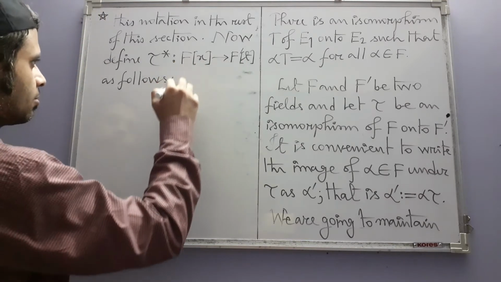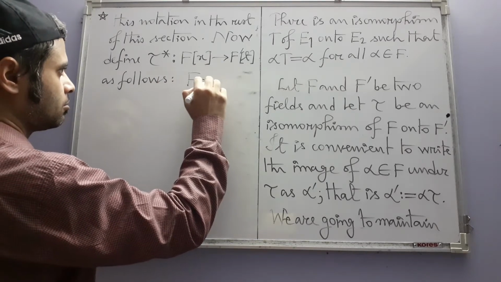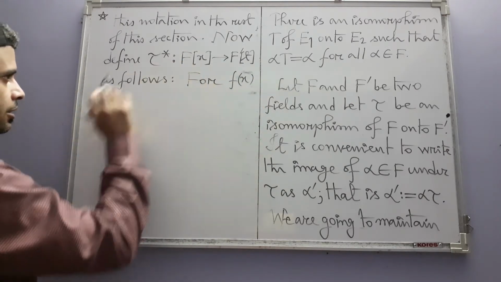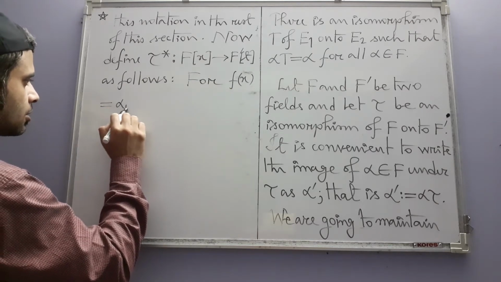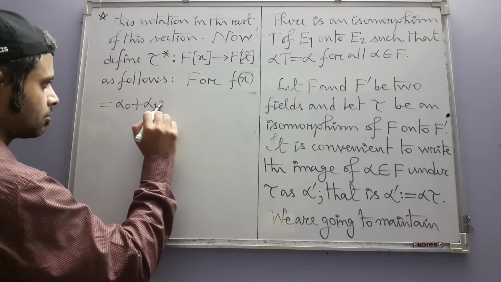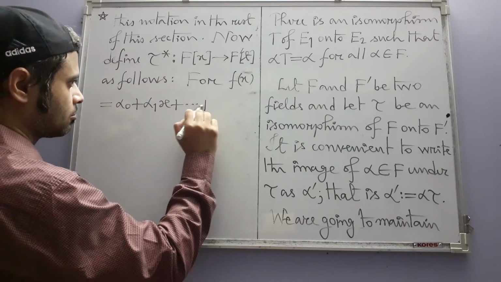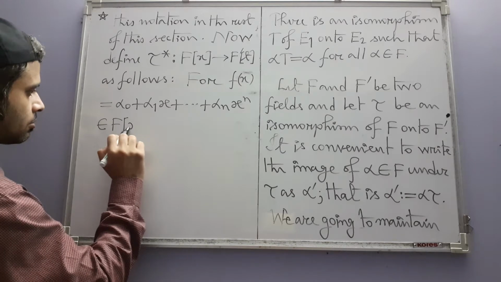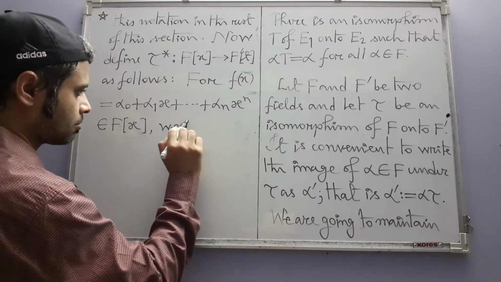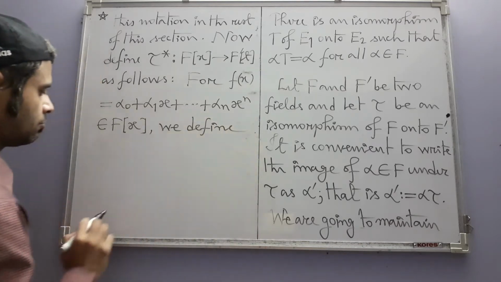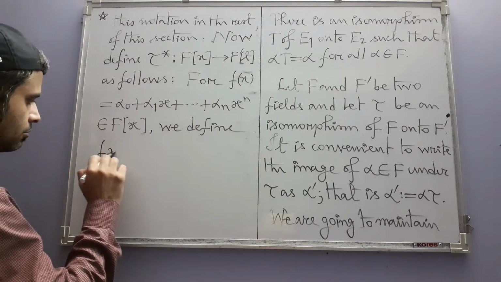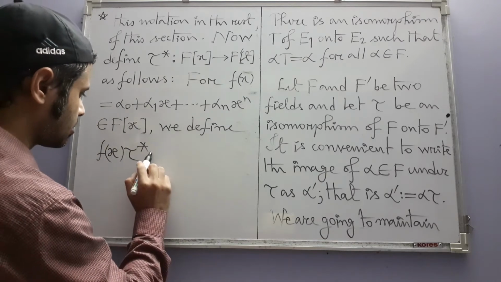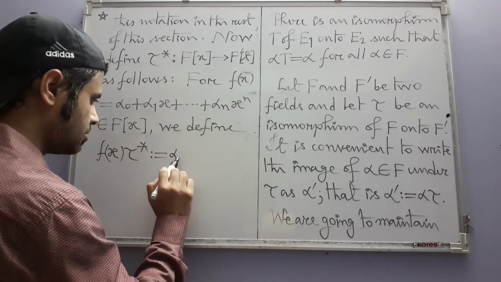Say for f(x), so f(x) is now going to be an element here, so it's a polynomial, say it's this polynomial belonging to F[x], we define f(x) tau star, the image of f(x) under tau star, to be equal to this polynomial.